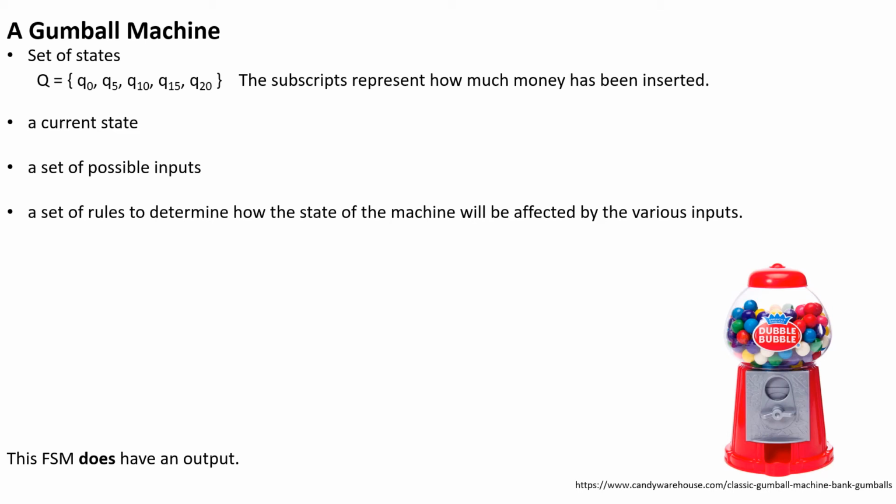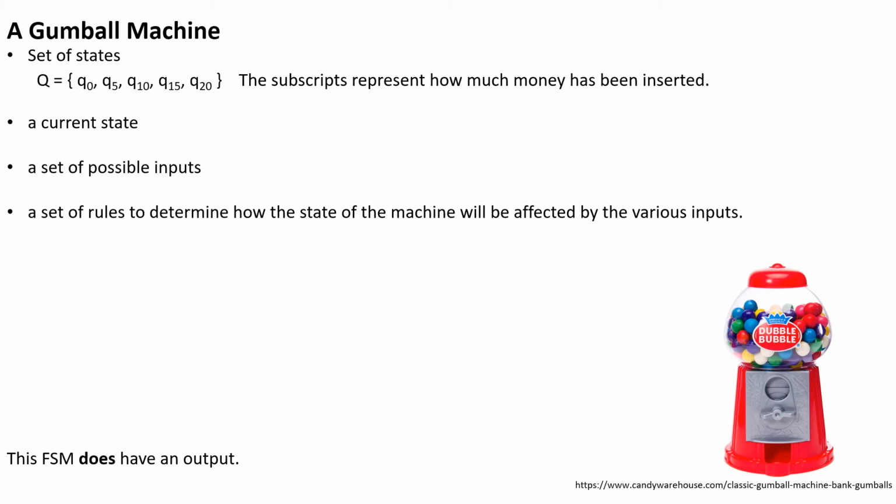Okay, so the different states for this gumball machine would be these different Q values, where the subscript represents how much money is in there. So we have Q naught, meaning there's no money in there, 5 cents, 10 cents, 15, 20, because those are the possibilities for putting in either nickels or dimes.